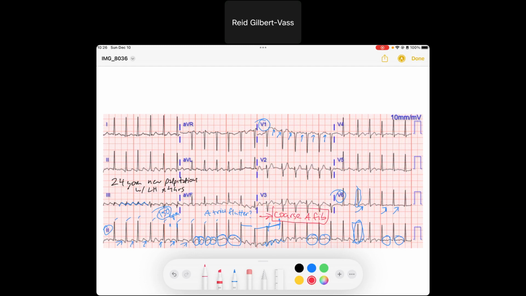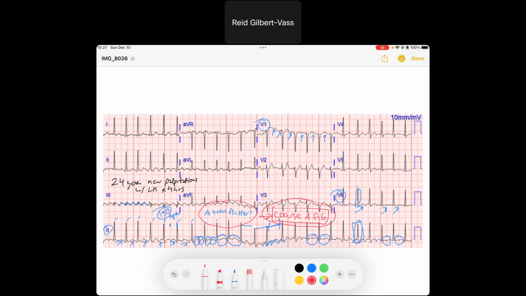And so that's a coarse AFib. And it's okay, because when you're looking at this rhythm in a clinical scenario, you don't need to say whether it's a flutter or coarse AFib, in the sense that it's not going to really change your management. And I'll explain why. We saw that there's no sinus P wave.